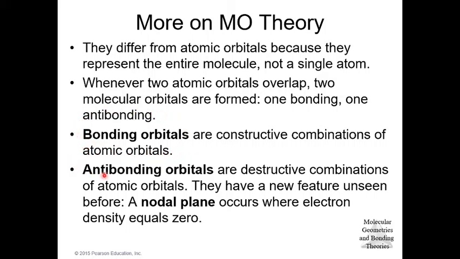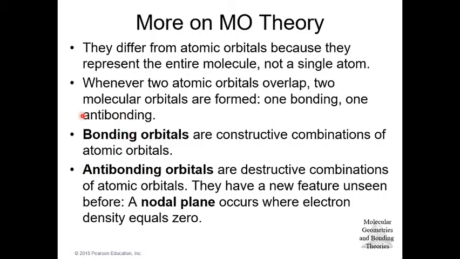And you're going to make an anti-bonding orbital to represent when the waves are out of phase. Okay, so now we have different kinds of orbitals, something we haven't seen before. Bonding and anti-bonding. A bonding orbital contributes to the strength of the bond. Anti-bonding orbitals are destructive, so they work to break the bond. So if you have more bonding orbitals occupied than anti-bonding orbitals, then you've got a bond.